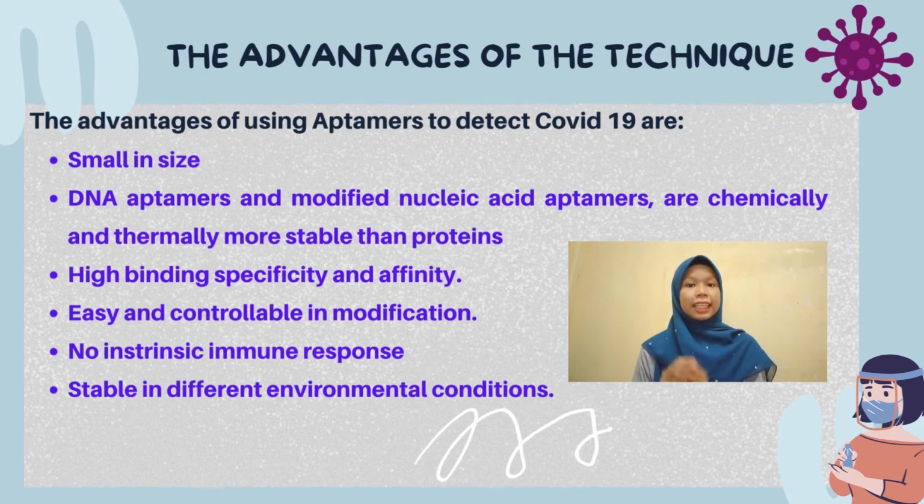Secondly, the DNA aptamers and modified nucleic acid aptamers are chemically and thermally more stable than protein, so it allows them to have longer shelf life. Third, they have high binding affinity and specificity, which is able to recognize the target even in low concentration and ignore other targets even in high concentration.